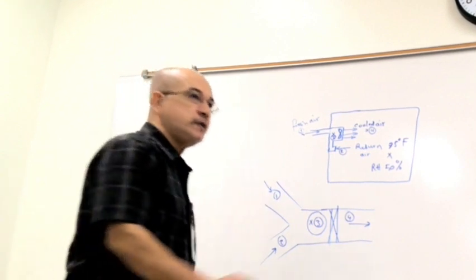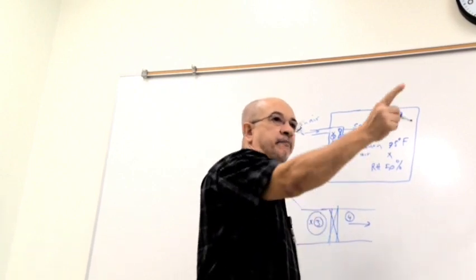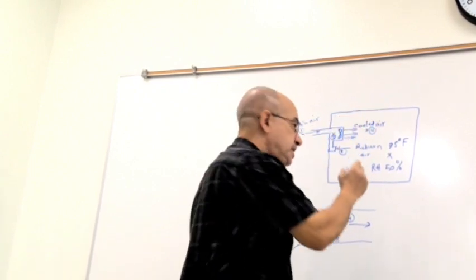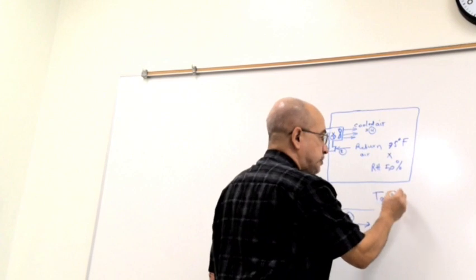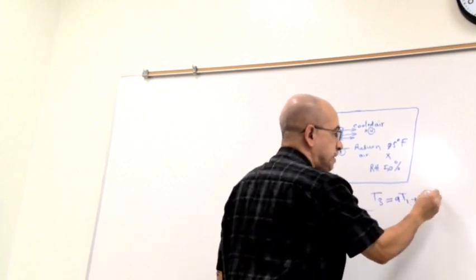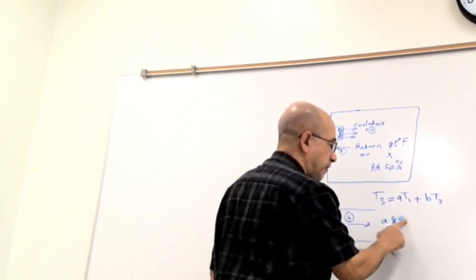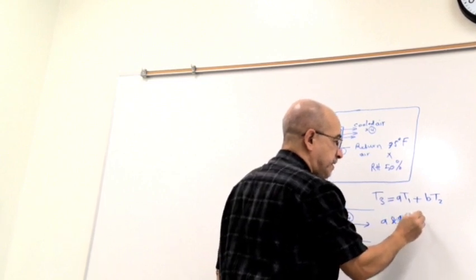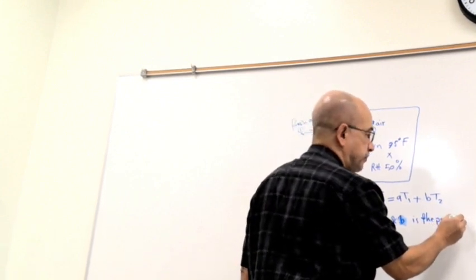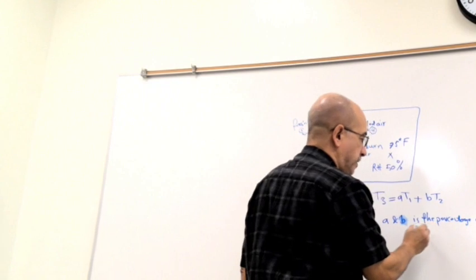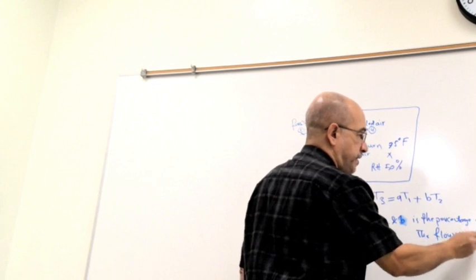We'll use this equation: T3 equals A T1 plus B T2, where A and B are the percentages of the flow rate of the air.